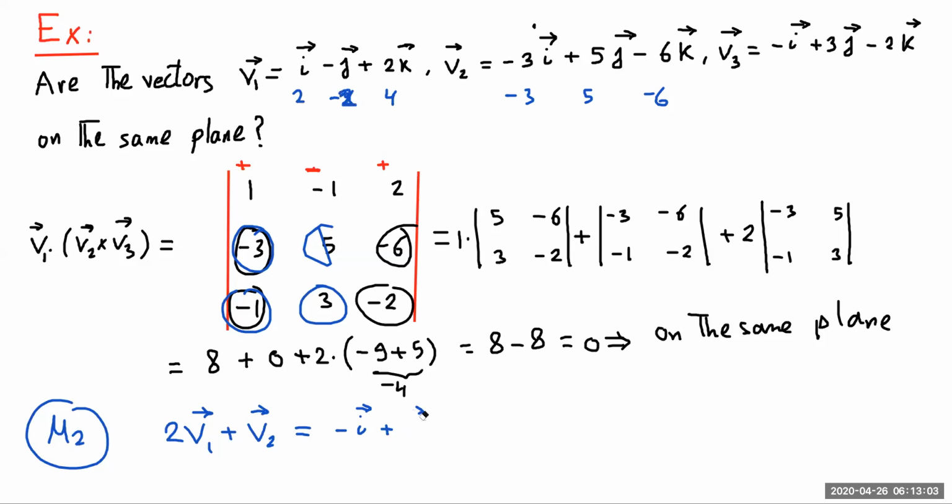So here we will have minus 2j plus 5j, so it's plus 3j. Finally, plus 4k minus 6k is minus 2k. So this is v3. Yes. So because of this, v1, v2, v3 are on the same plane.